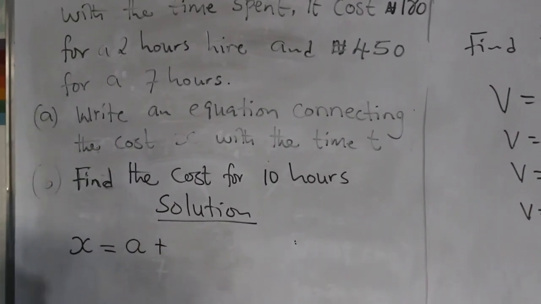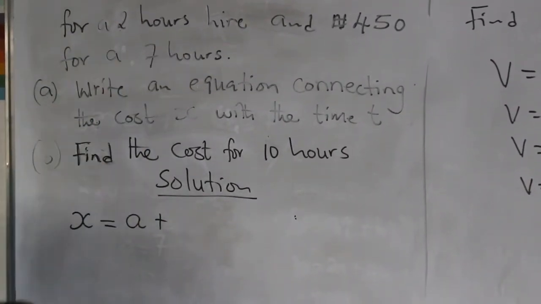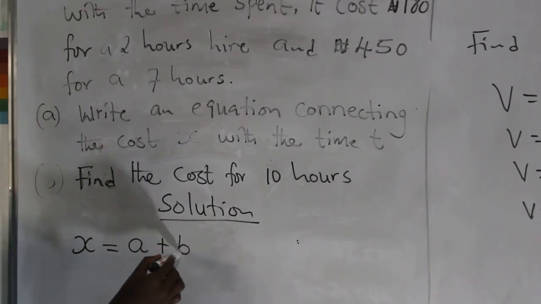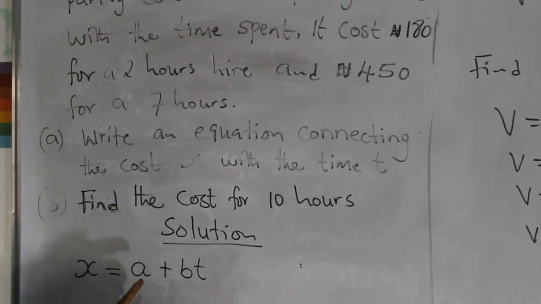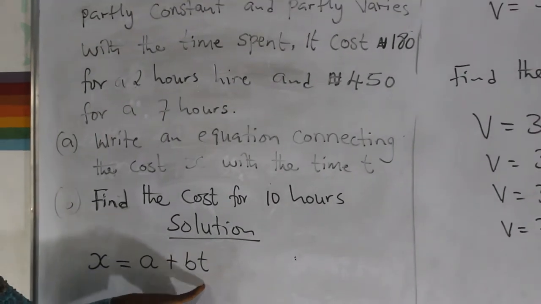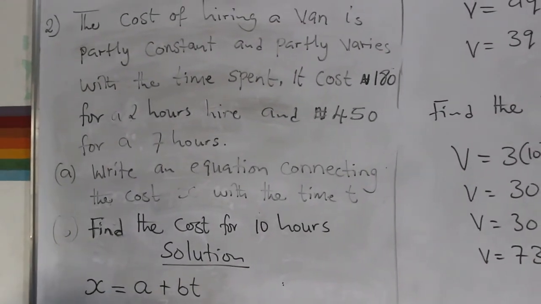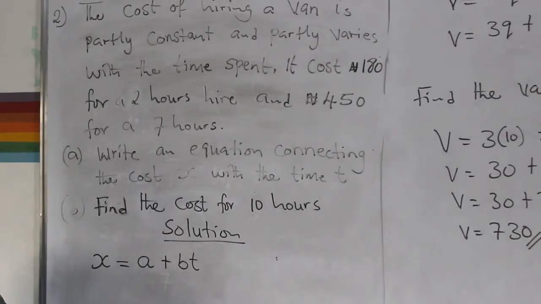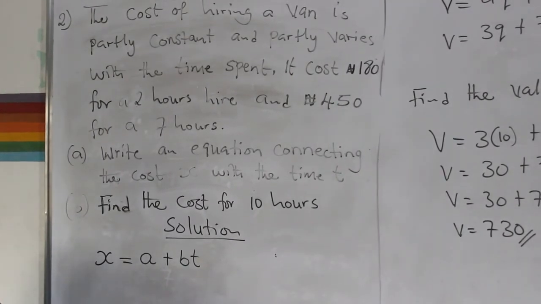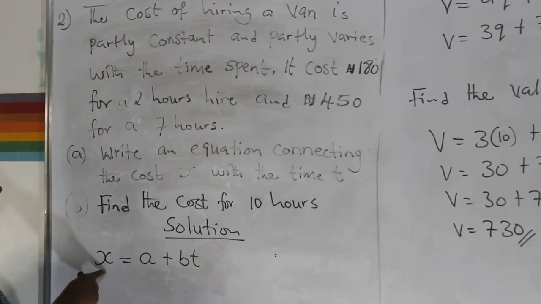Then it partly varies with the time. So now B, BT, partly varies with the time, T. So this is the equation that we have. So let's substitute the values of our cost and the time.